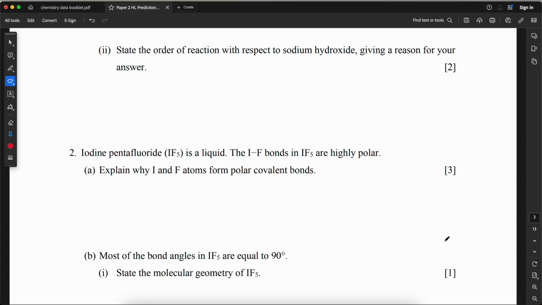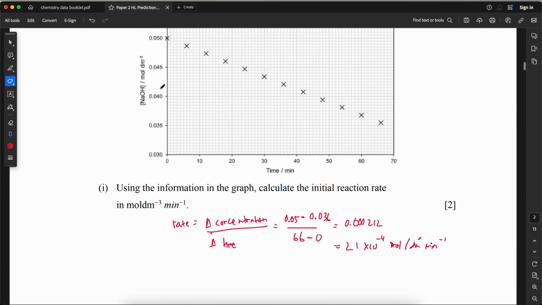State the order of reaction with respect to sodium hydroxide, giving a reason for your answer. NaOH would be to the power 0, as the concentration of NaOH has no effect because of the gradient of the graph, this is the concentration, and then the time, when you draw the line here.